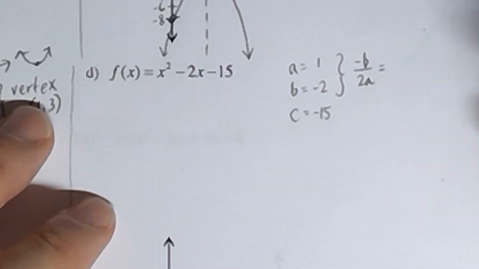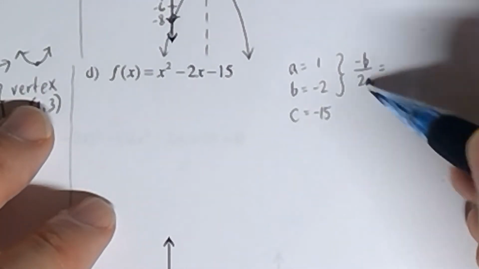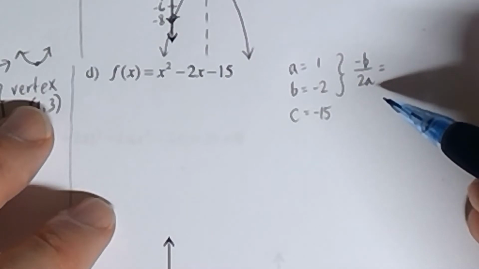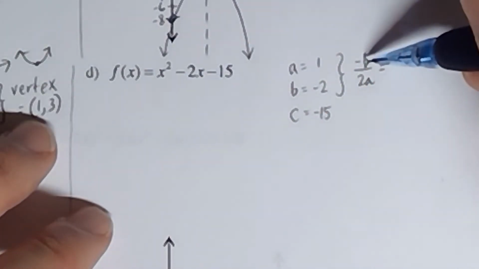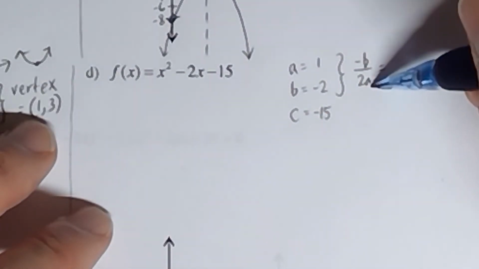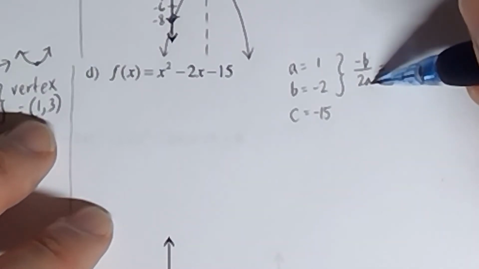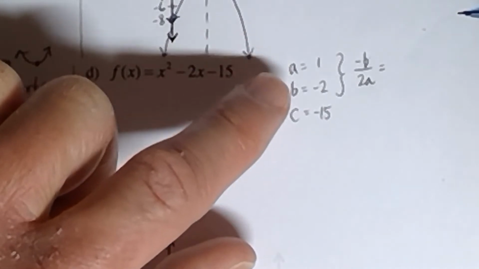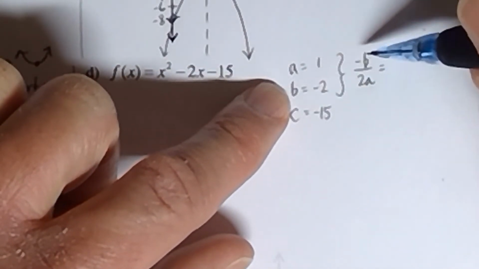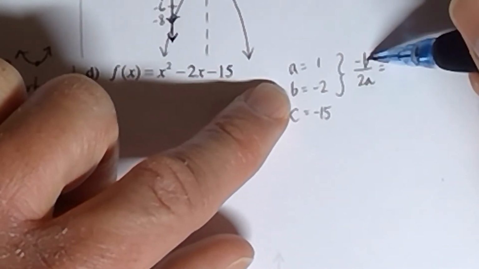But what did we do when we had -b/2a without the radical? Ignoring the radical here in the quadratic formula, what did we do when we just did the -b part and the 2a part? We just plugged the numbers in, but when we did the b part, didn't we just change the sign of it? Remember that in the last section?